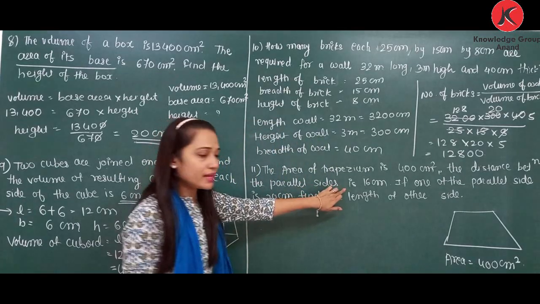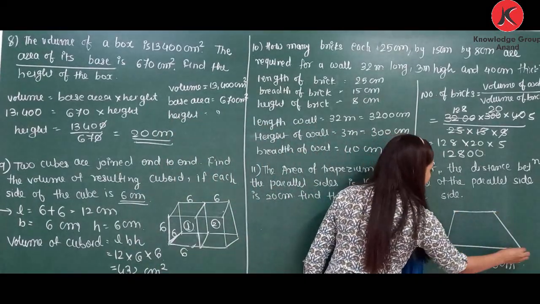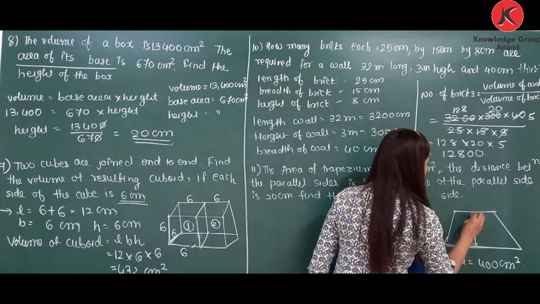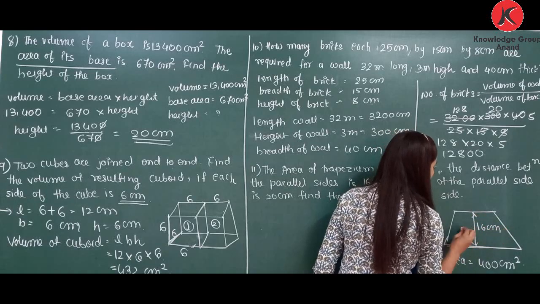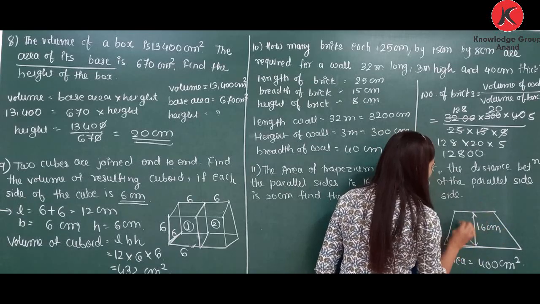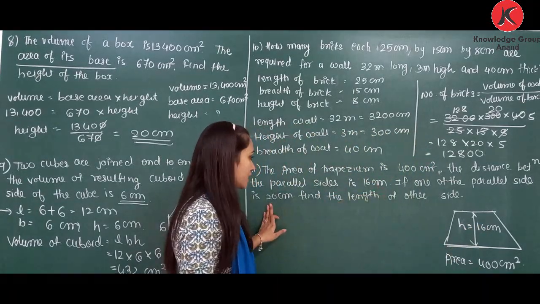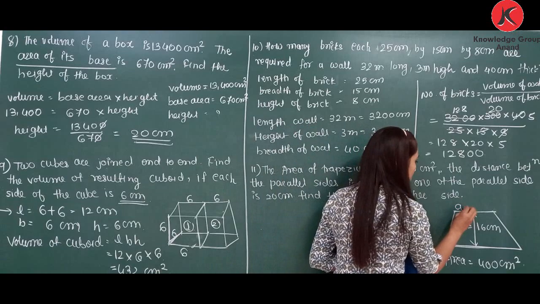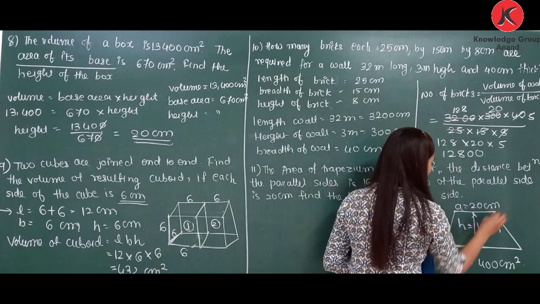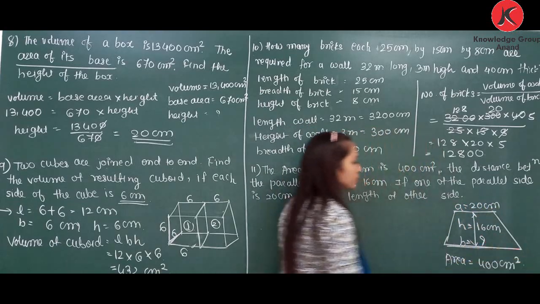This is the two parallel sides and the distance between them is 16 centimeters. It means our height is 16 centimeters. One of the parallel sides is 20 centimeters. Let's consider this is A, that is 20 centimeters, and we need to find B.